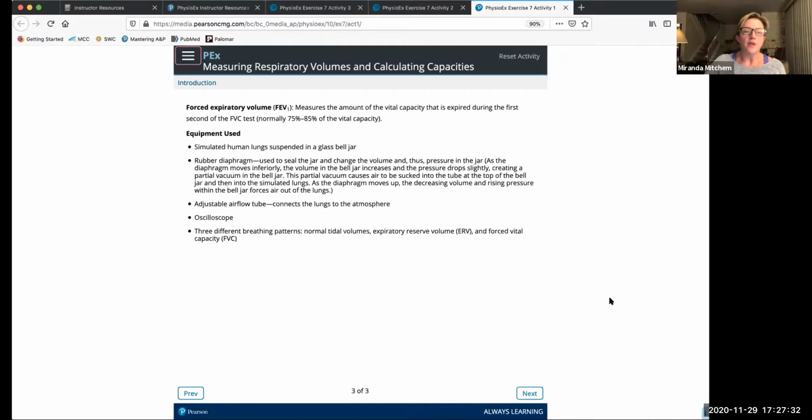Okay, now the FEV1 measurement and the FVC measurements, these can be used to help the diagnostician understand if a person has obstructive airway disease versus restrictive airway disease. These are completely different categories of airway disease.